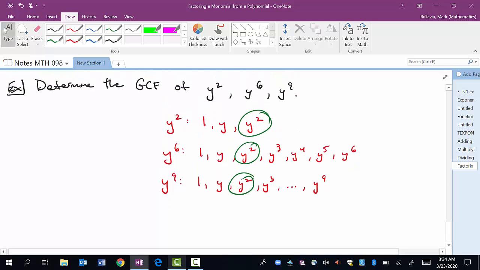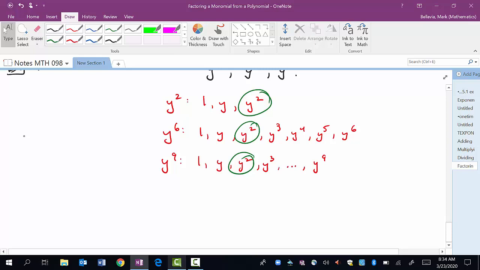So even though we're looking for the greatest common factor, the one that you want is actually the lowest power you see, because it's the largest one that'll show up on all the lists. So the GCF here is y squared. And I'm just going to write this out.